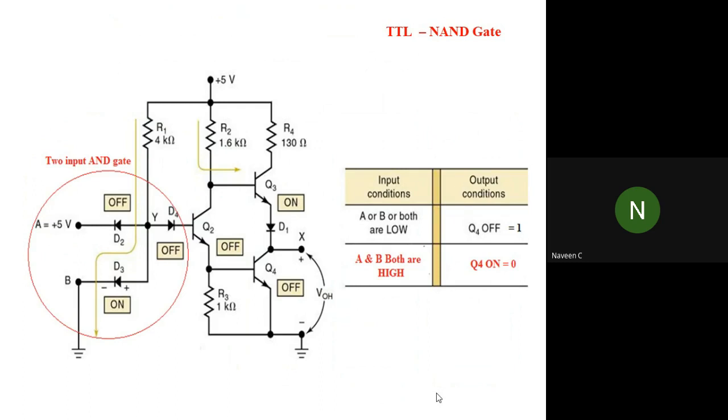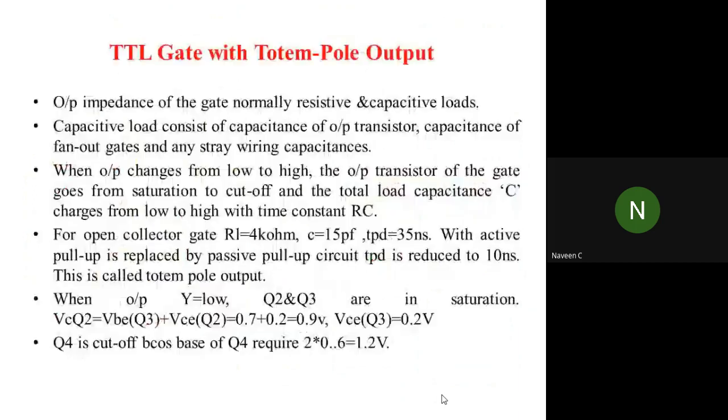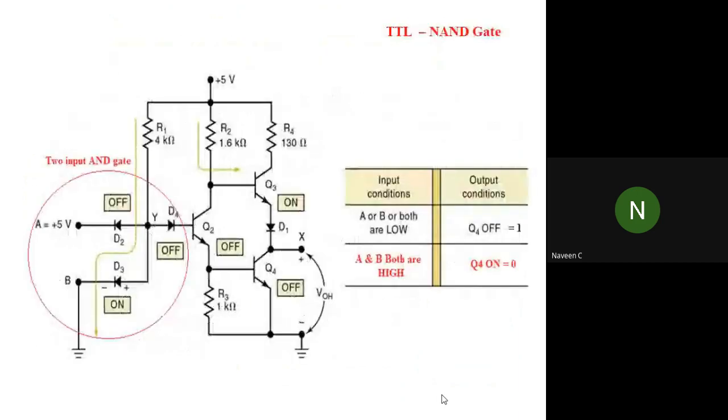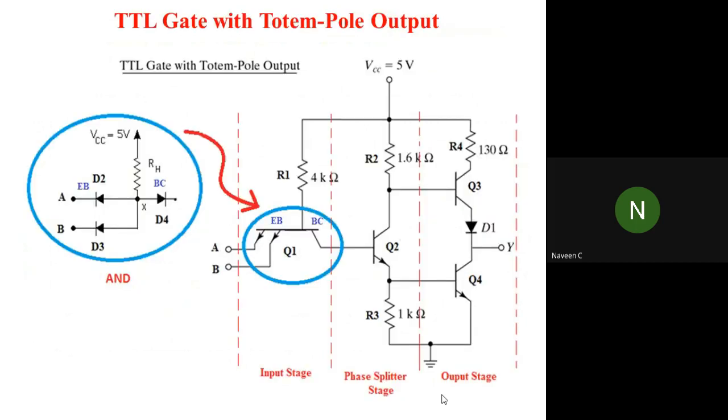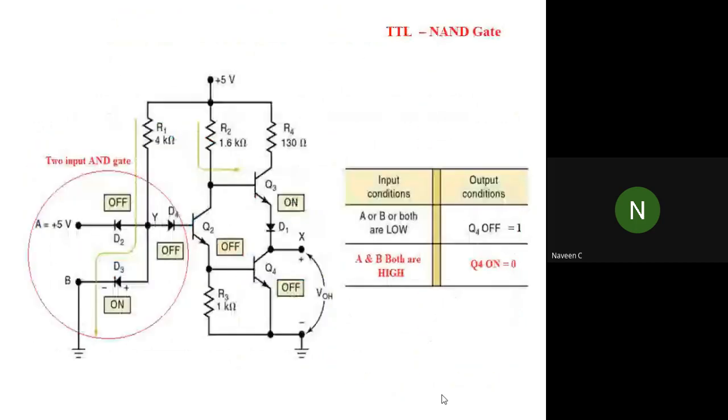They have shown that if you use a diode instead of a transistor, how the logic will work. I think this is for the NAND gate. This one they have given for the AND gate, a two input AND gate. The input condition A or B or both being low makes the transistor reverse.